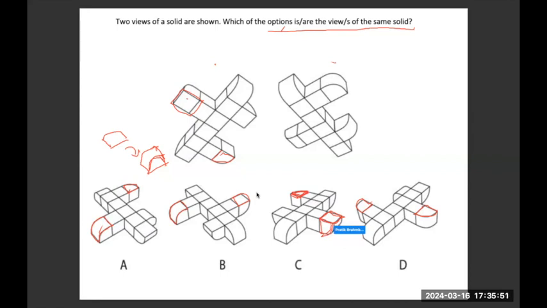But in case of option D, both the parts have sector on top, which is wrong. C and A are correct that way.